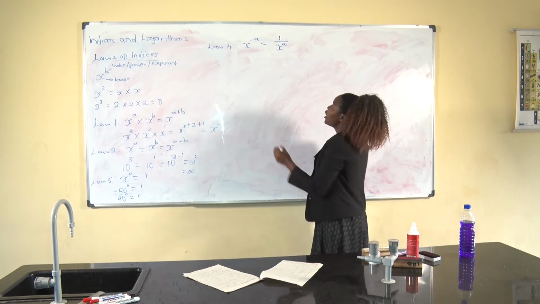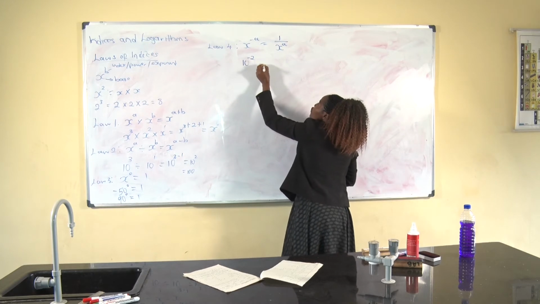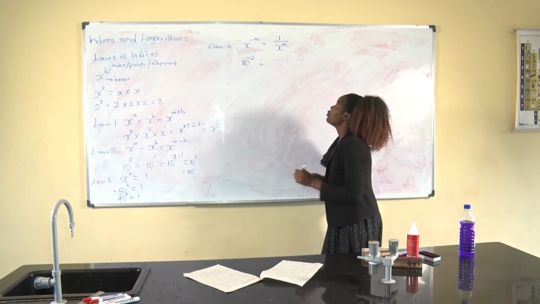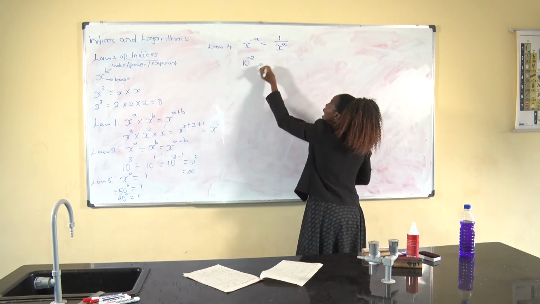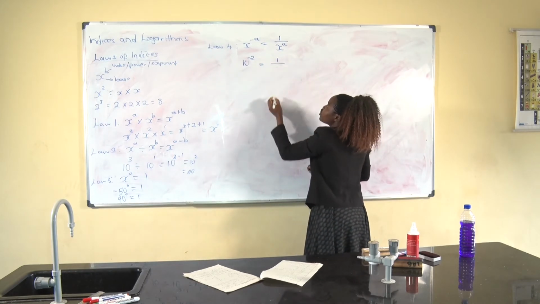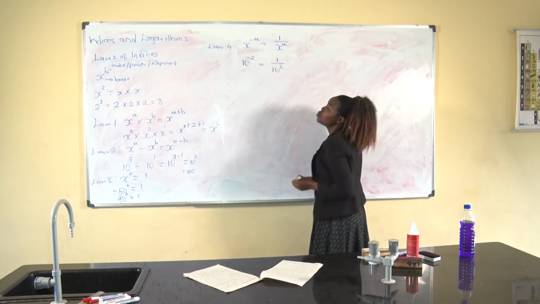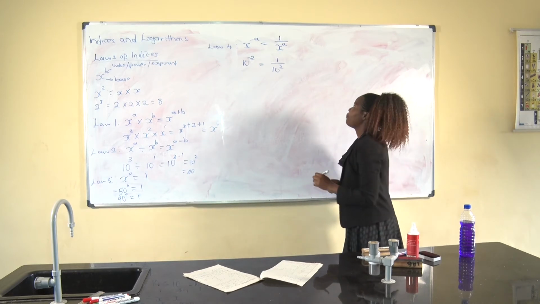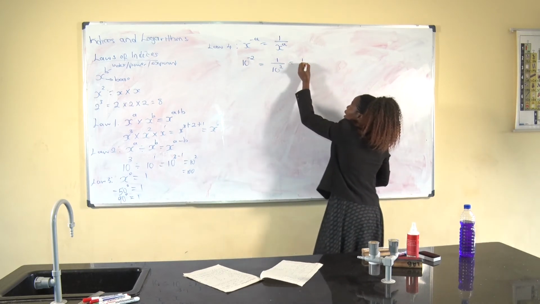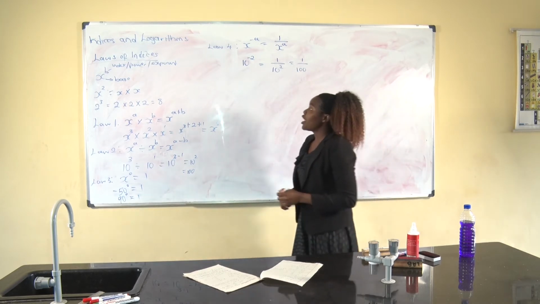For example, if we have a number like 10 to the power negative 2, for you to simplify it, you have to remove the negative sign on the power. How? By introducing a fraction, and it becomes 1 over 10 to the power 2. Now you can simplify without a negative power. So here our answer becomes 1 over 100. Let's move on to law number 5.